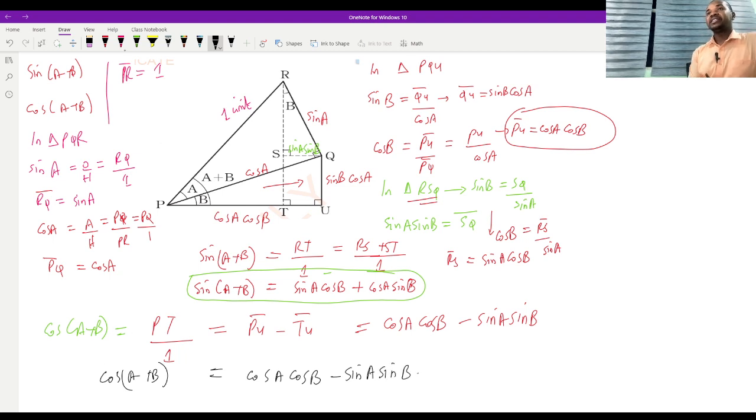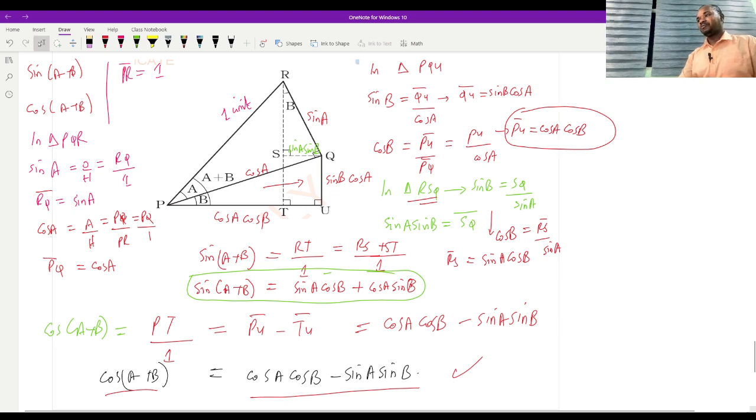So to avoid a very long video, we are going to end up here, and in the next video we are going to derive cosine A minus B and also sine A minus B. So that is the derivation of the compound angle formula for sine A plus B and cosine A plus B, dear students.